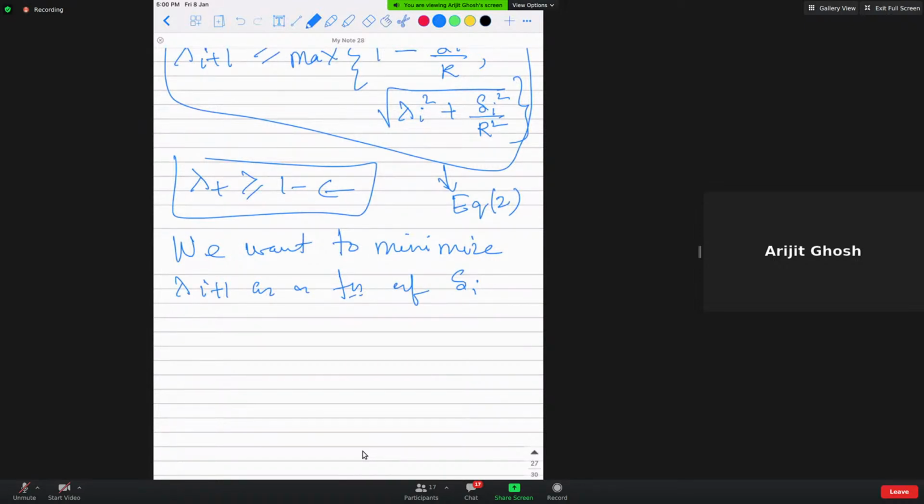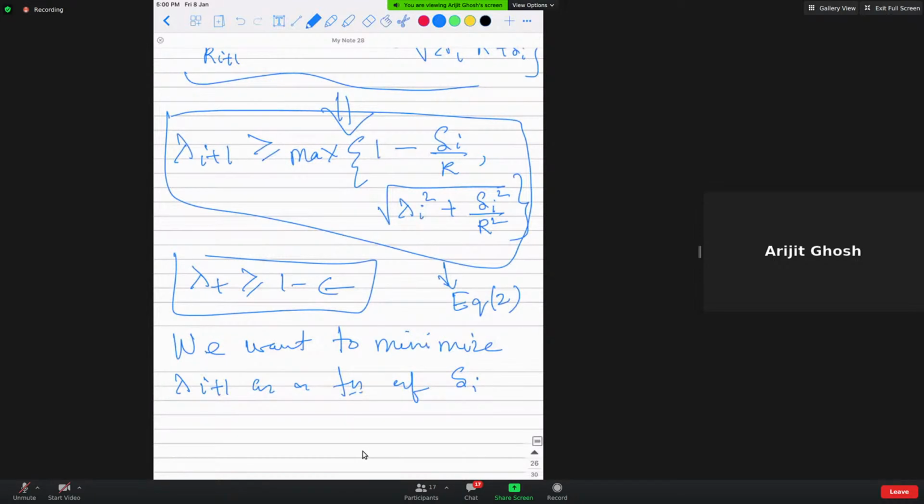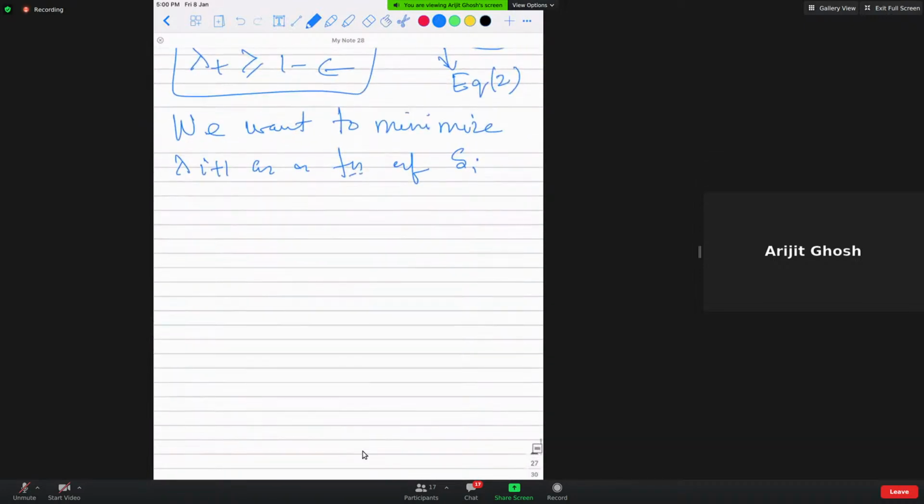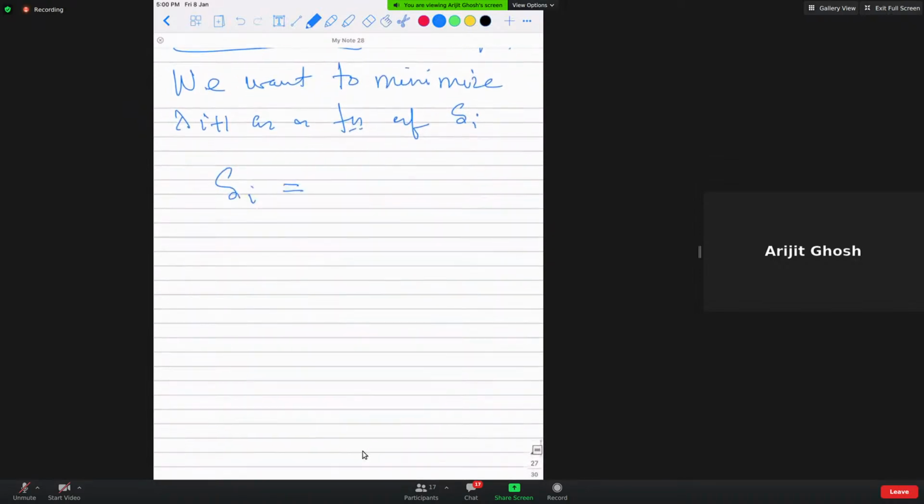To minimize it, as a function of delta i, I will try to find the value of delta i for which both of these are equal, because lambda i plus 1 is a max of both of these quantities. The place where they are equal is where I will be able to minimize lambda i plus 1. If you substitute, the value of delta i that you get is something like 1 minus lambda i squared, R by 2.